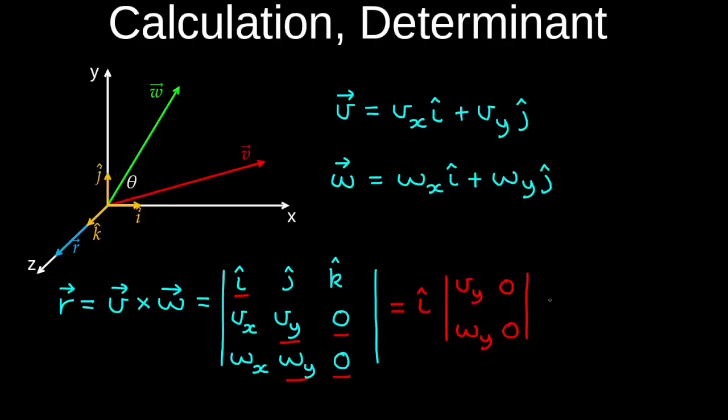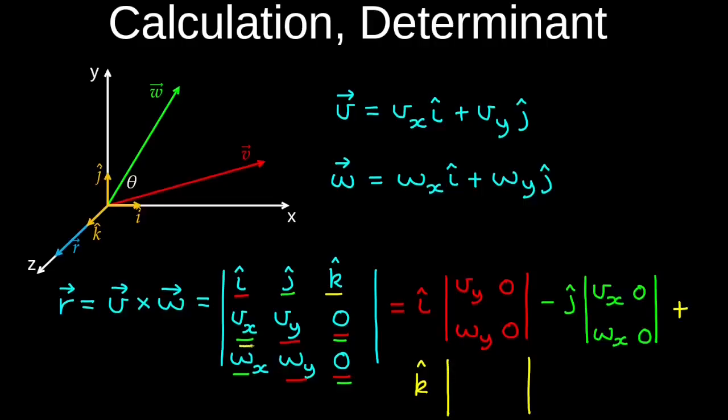And then we have minus the vector j by the determinant of the minor matrix in the other columns. And then plus k by the determinant of the minor matrix in the other two columns. So the determinants are calculated by multiplying these two elements and then subtracting the product of these two elements.